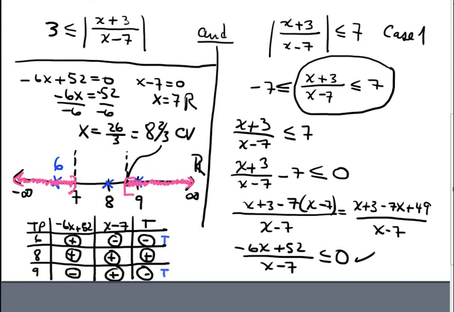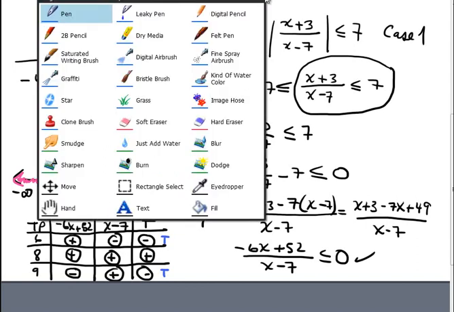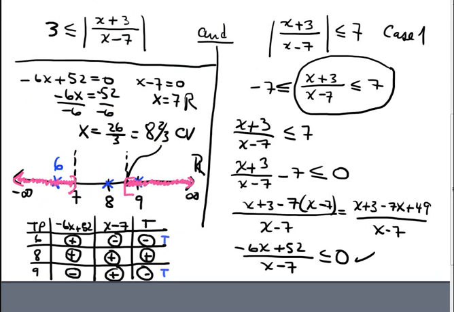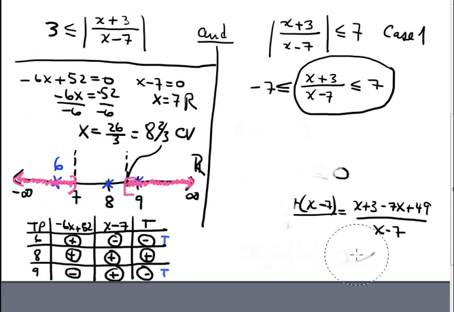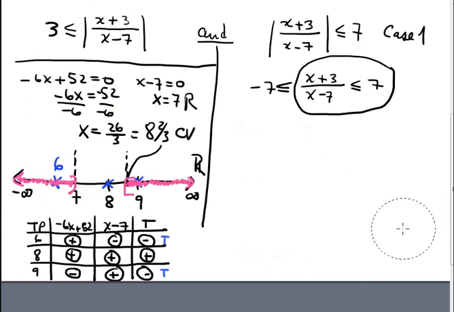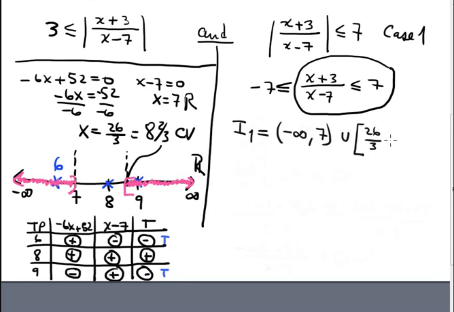Okay, so now the solution for this part, for example interval number 1, is from negative infinity, comma, 7, union bracket 26/3, comma, infinity.